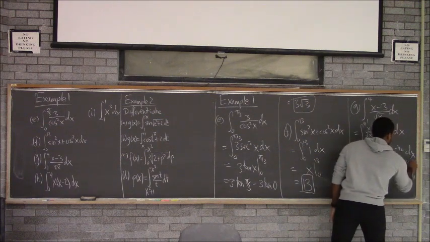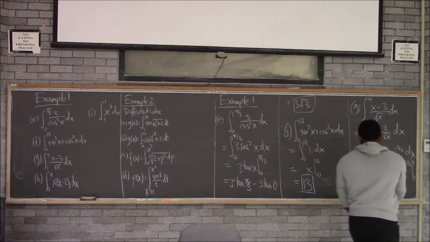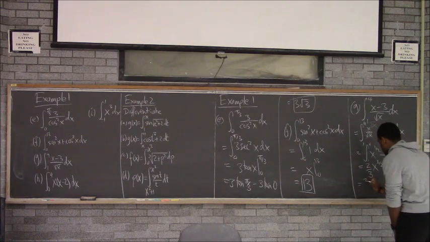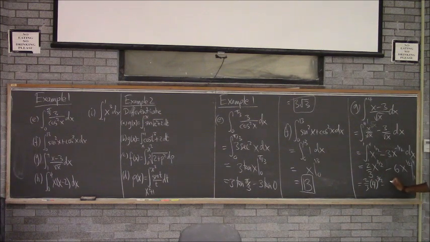That's between 1 and 4. So, I will plug in 4, 2/3 times 4 to the 3/2 minus 6 times 4 to the 1/2.